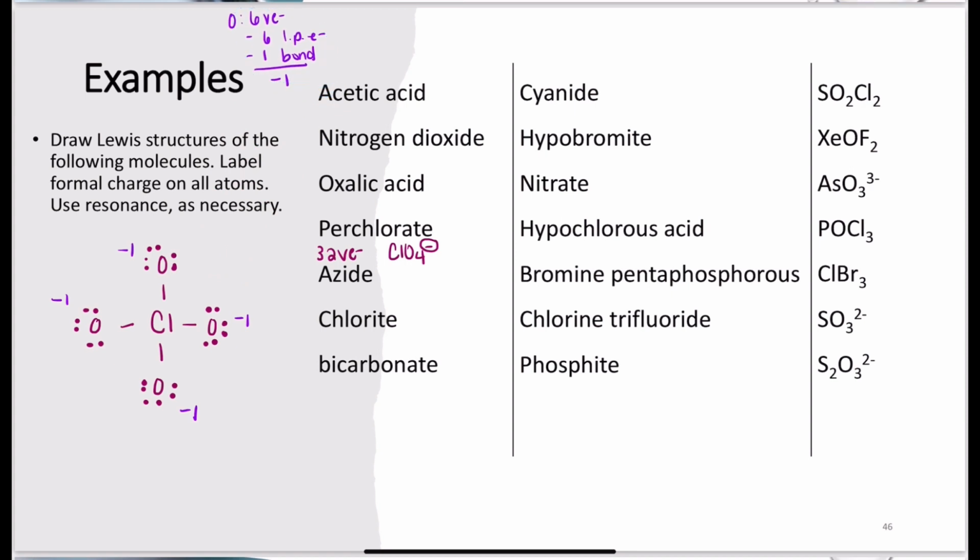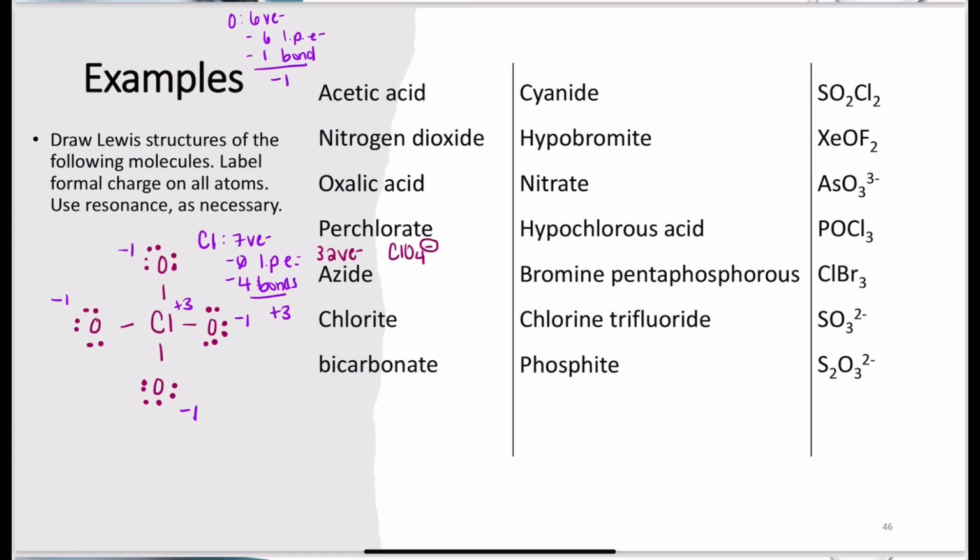What about the chlorine? Chlorine here, 7 valence electrons, no lone pair electrons, and 4 bonds. Overall, a +3 formal charge.